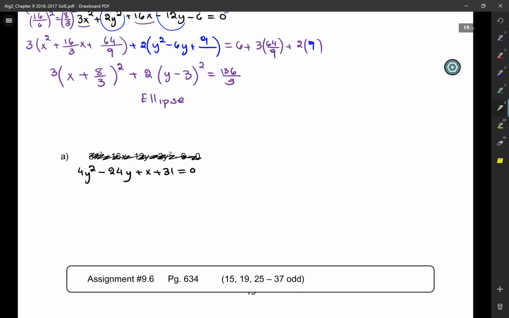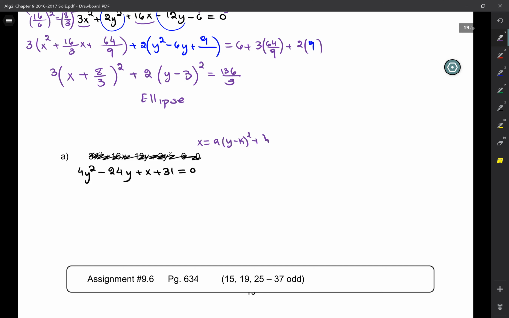Parabola, because only one of the variables is squared. Only y is squared. All right. So how does the equation for the parabola look? Well, this is the one with the y squared. So the way it looks is x equals a times y minus k squared plus h, right? That's how the form looks.